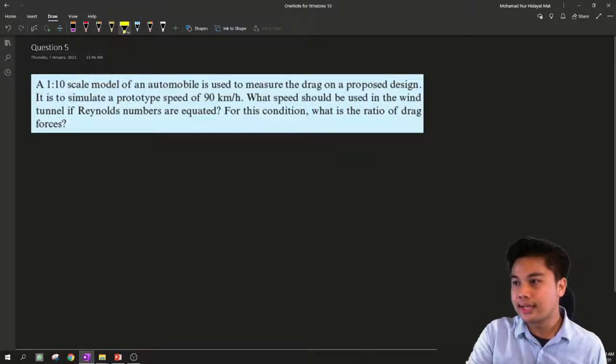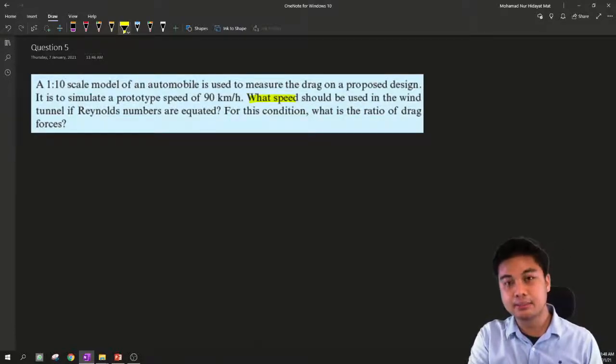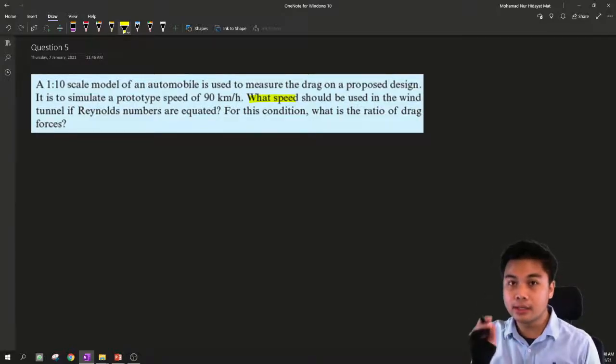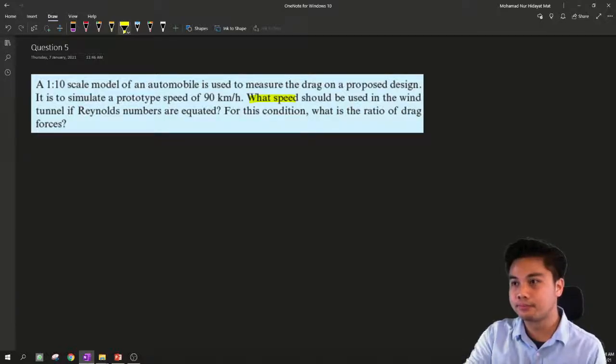we need to analyze the question. What speed should be used in the wind tunnel? In this case, the speed of the model, because the model experiment is only conducted in the wind tunnel. For the prototype, it is very huge.